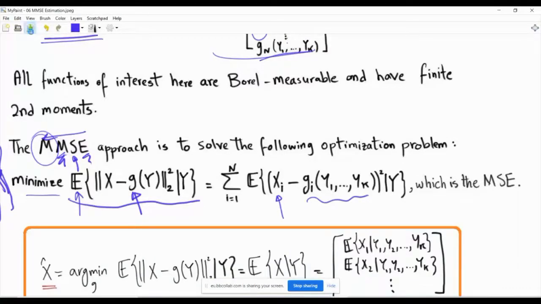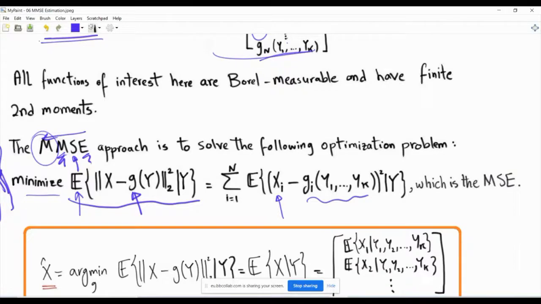Obtaining those g's is very interesting, and it's highly recommended that you know it, but it's optional. In the notes on MMSE, you will find the derivation of how we obtain those g functions.